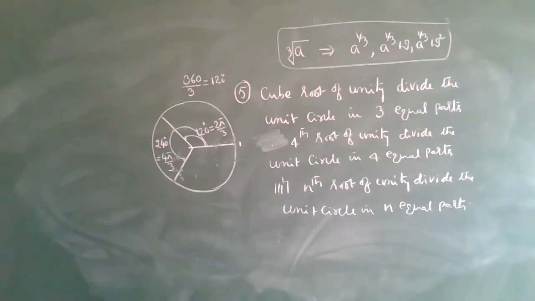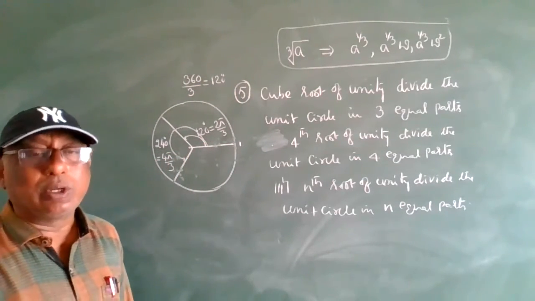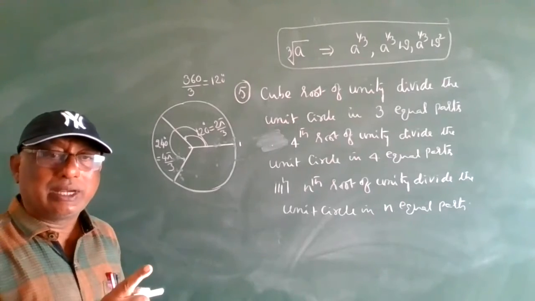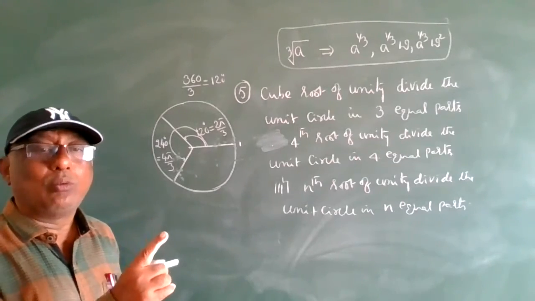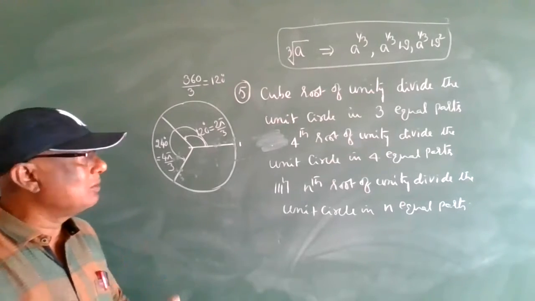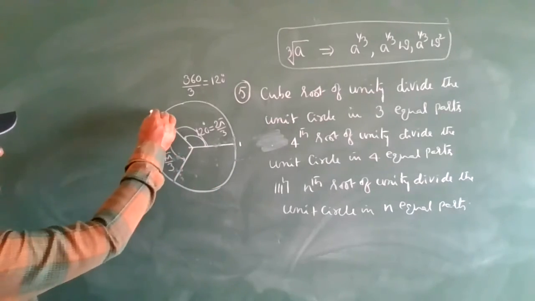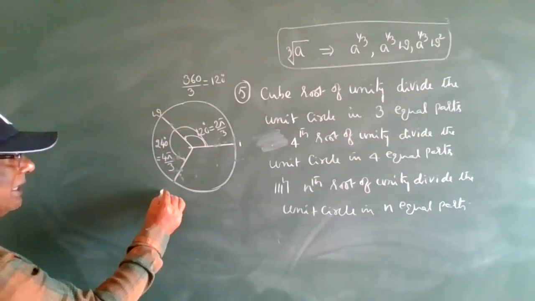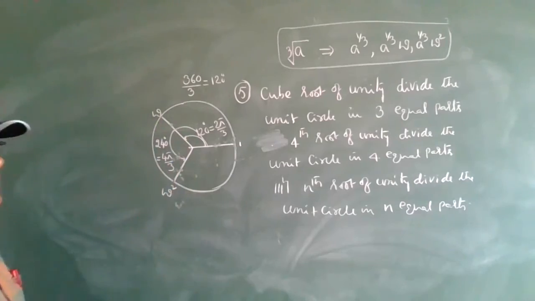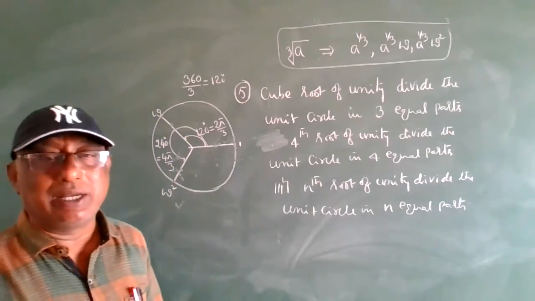So one is making 0 degrees, omega is making 120 degrees, and omega square is making 240 degrees.